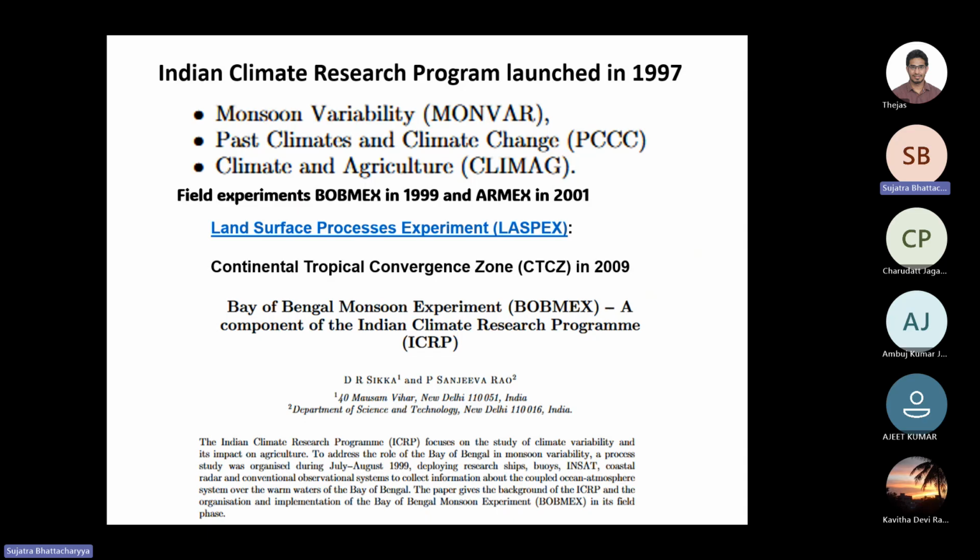Now, you must remember that in those days, the computer power we had was much smaller than what's available on a laptop, right? On a mobile, yes. So we had to struggle, use parallel computing, and develop new techniques. And so we came to know about the mechanism of northern migration of the ITCZ.